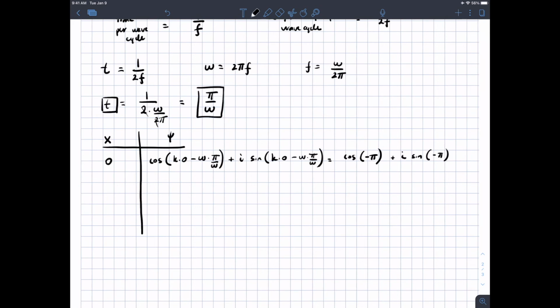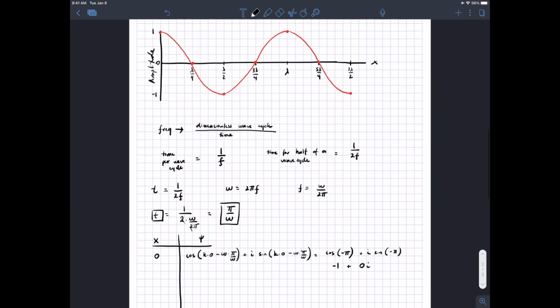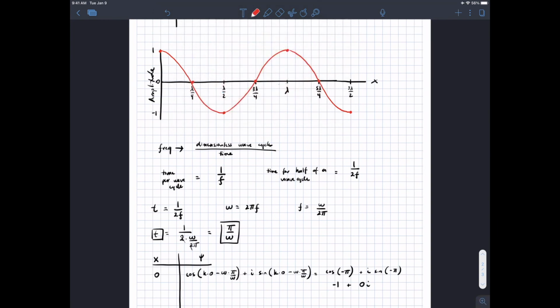What is the cosine of minus pi? Minus pi is the same as pi, so it's -1 plus I sine of pi, which is 0. So that tells us that after we've let pi over omega seconds elapse, at x equals 0, our amplitude is actually -1.